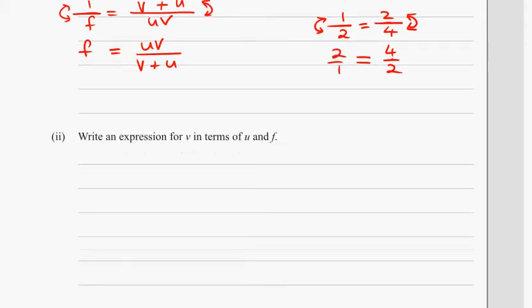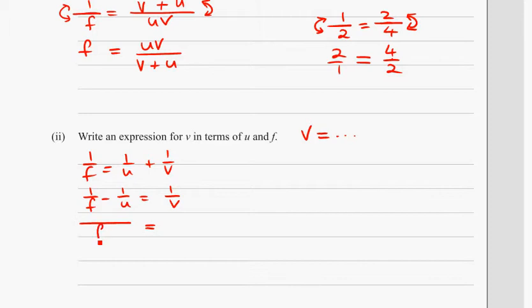Right, part 2, an expression for v, so this time we want v equals. It's complicated with the 1 over u here, so if we could get rid of that. Then once again we want to use the reciprocal rule, but to do that I'm going to need to get one fraction on this side.